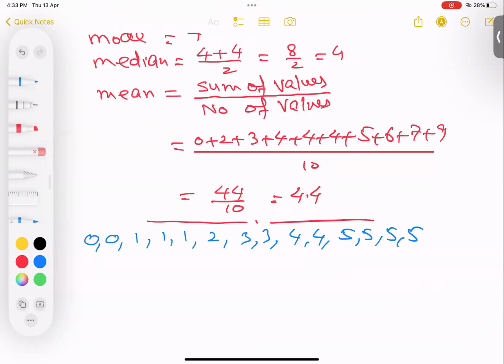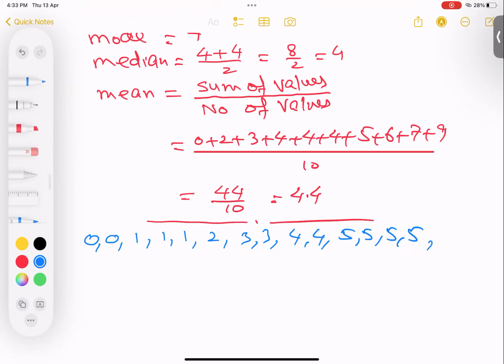Let's count: 3, 6, 9, 12, 14 values done up till now. I need 6 more values, so let's say 6 more values means the test is conducted.